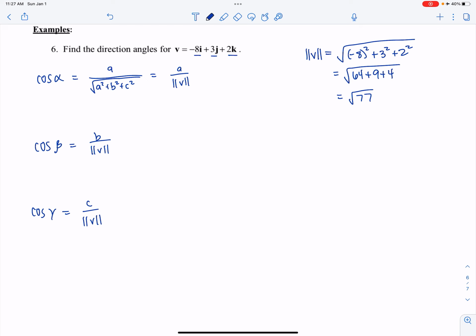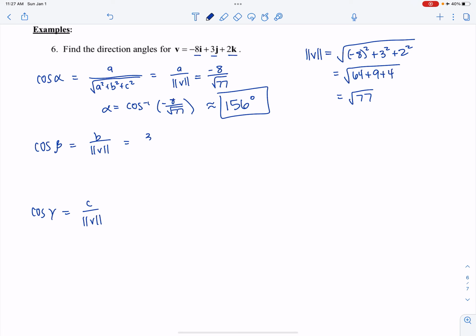So for cosine of alpha, in order to find that alpha, a is negative 8 over our magnitude, root 77. If we take the cosine inverse of negative 8 over root 77, this is going to give us our alpha angle. So this one is about 156 degrees. Our beta angle, so b is 3, our magnitude, root 77.